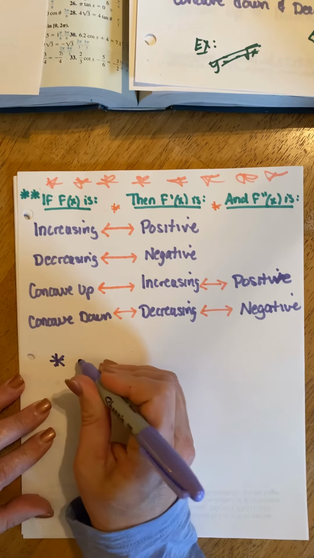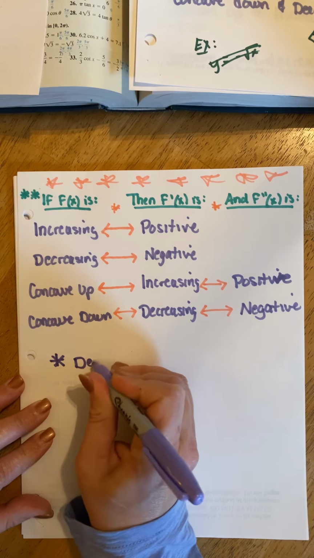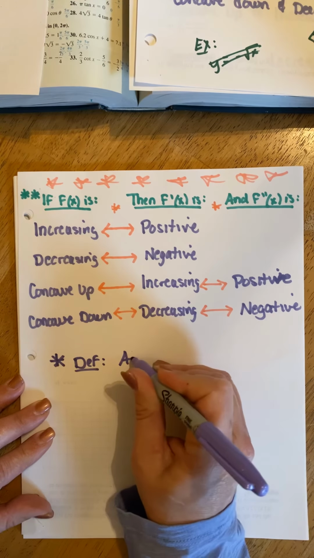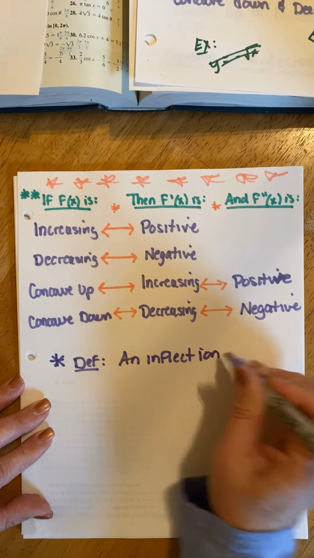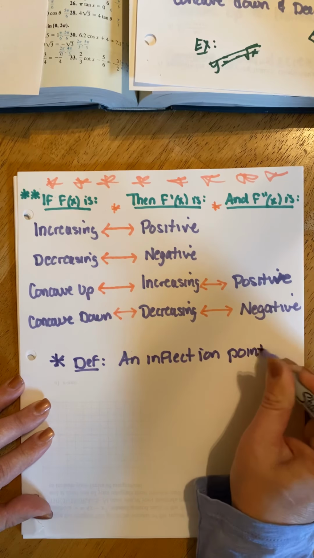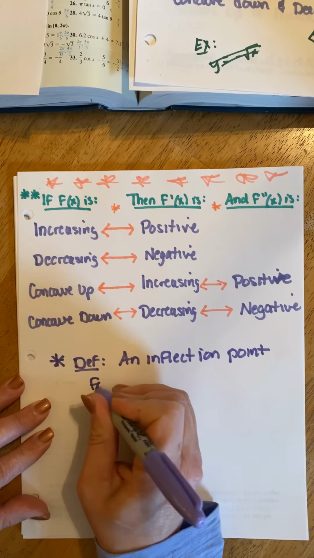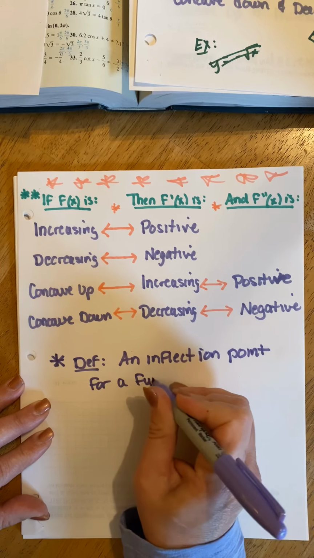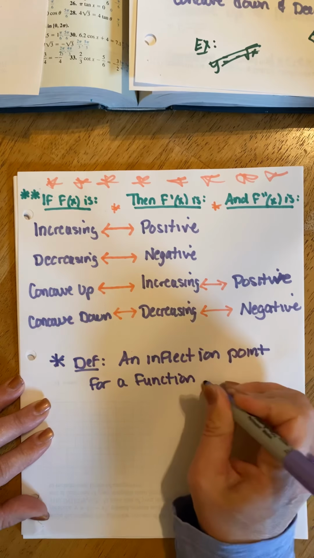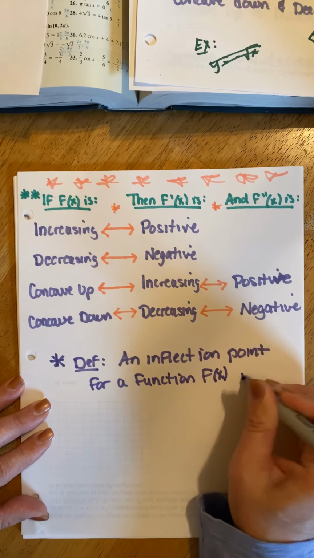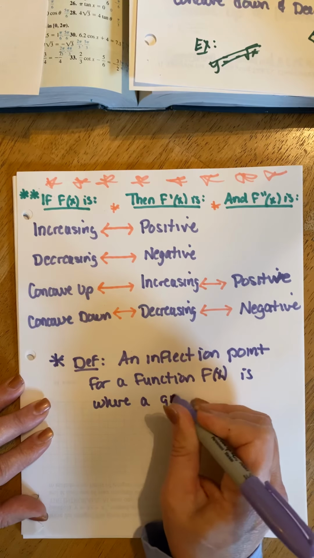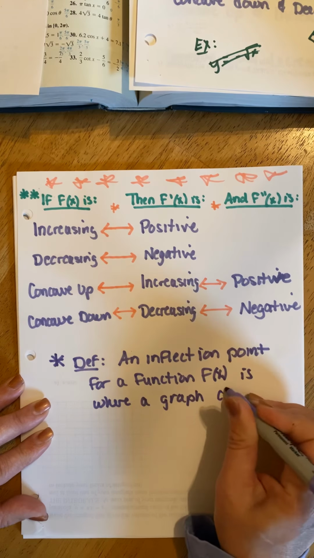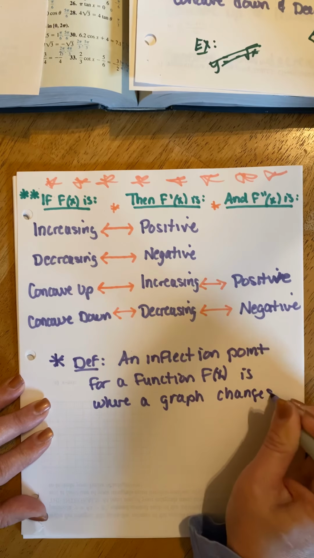So an inflection point for a function f of x is where a graph changes concavity.